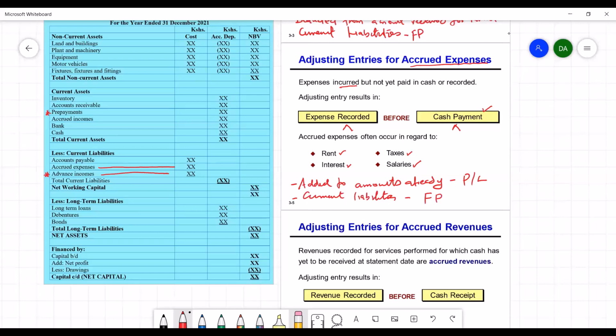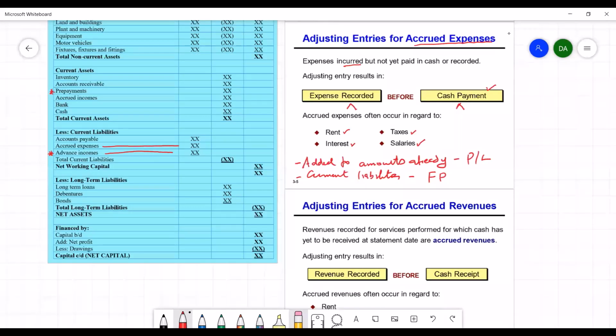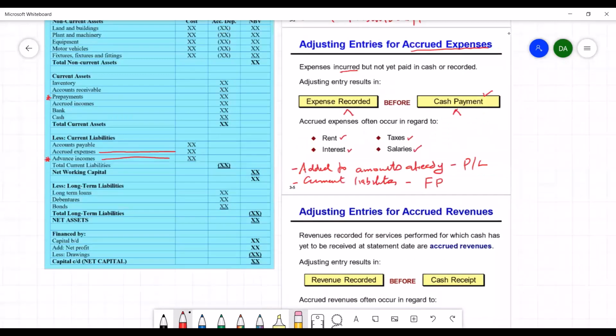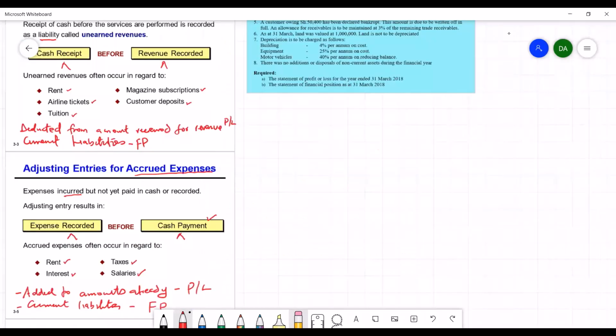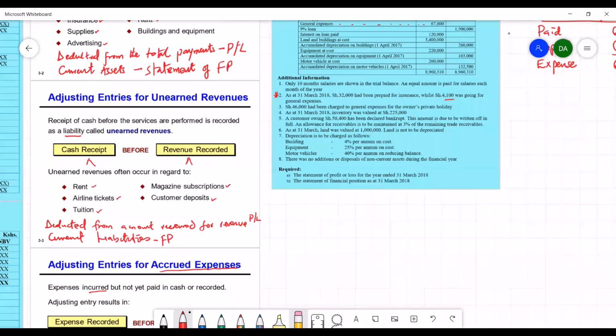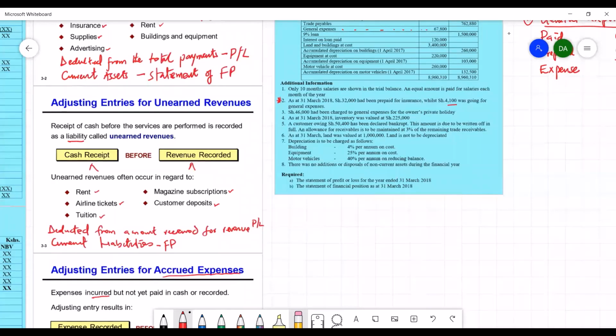The next one is, let us illustrate this using an example in our illustration question. Additional information number 1, saying that only 10-month salaries are shown in the trial balance.